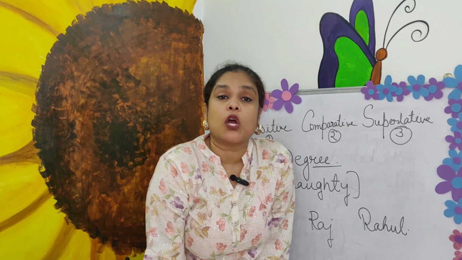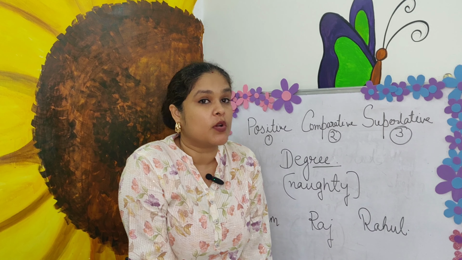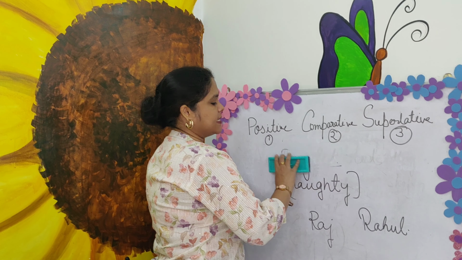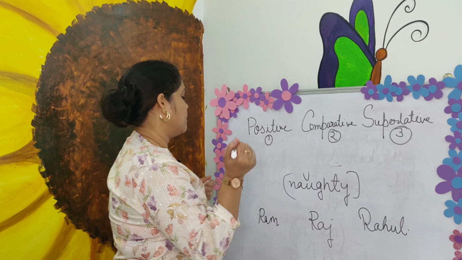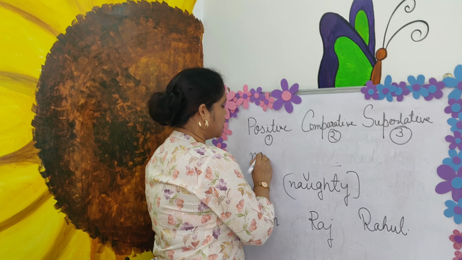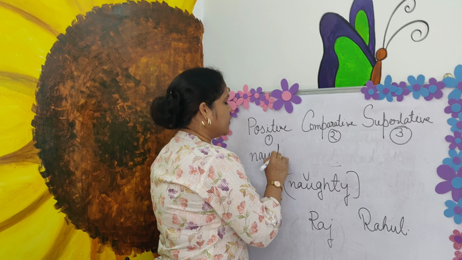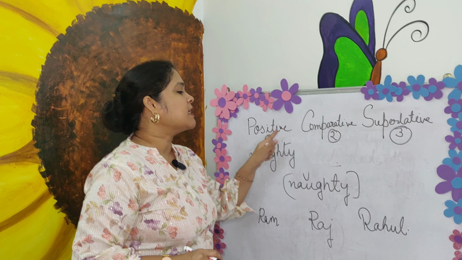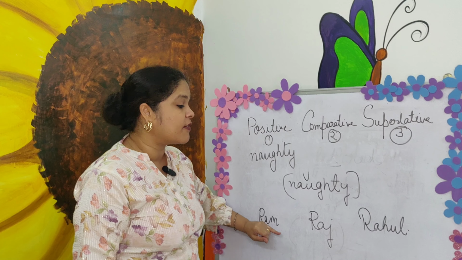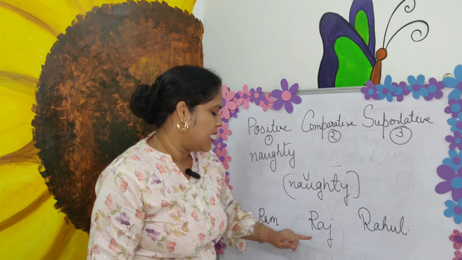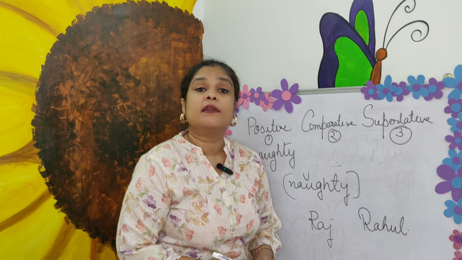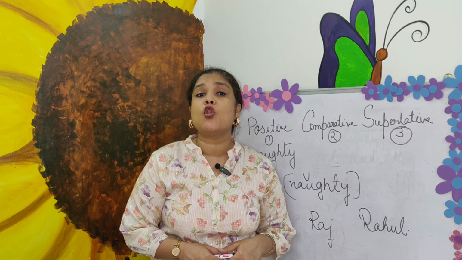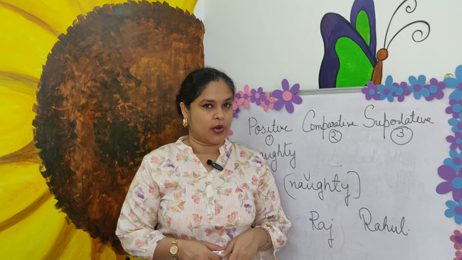Ram is a naughty boy. It was the positive form. So if I write, let's say, naughty, it is the positive form, which means it is the mere existence of the trait or the quality. When it comes to comparative, so if we have taken Ram, Raj and Rahul, let's say if I compare Ram and Raj and I say Raj is naughtier than Ram.